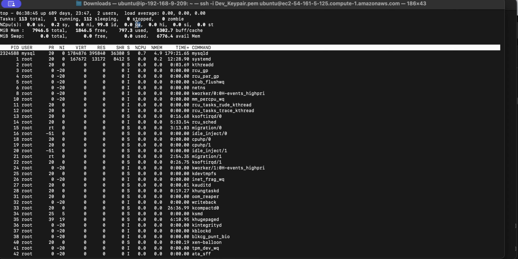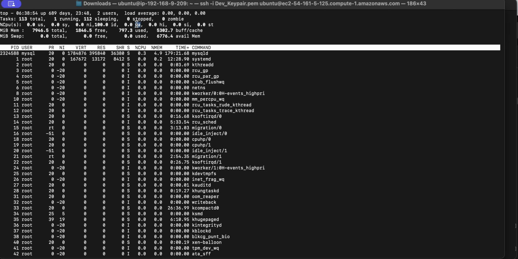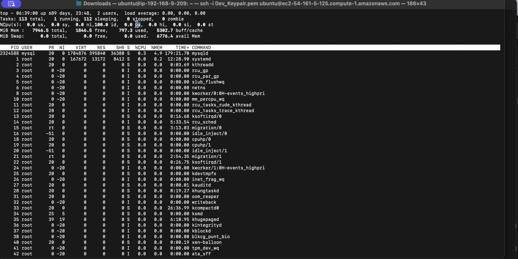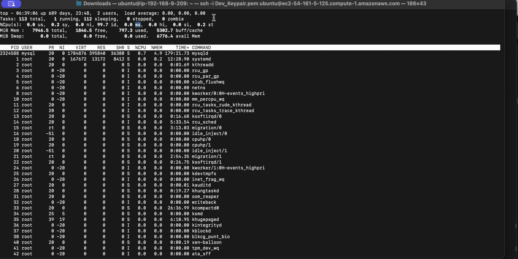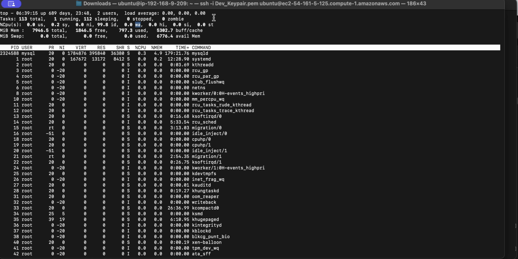HI stands for hardware interrupts, SI stands for software interrupts, and ST stands for steal or stolen. HI handles the hardware interrupts. Since these are VMs running over the cloud, you won't ever see these two, hardware or software interrupts, because you won't get that many interrupts from hardware or software.